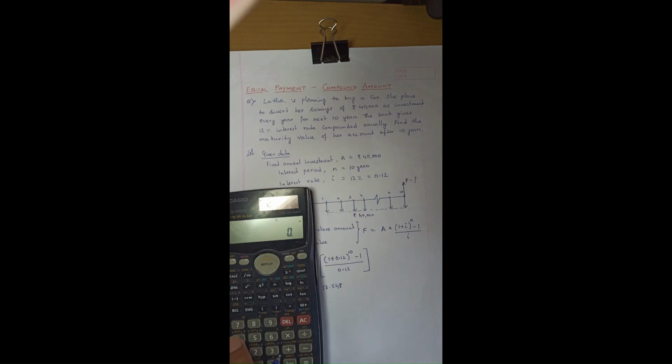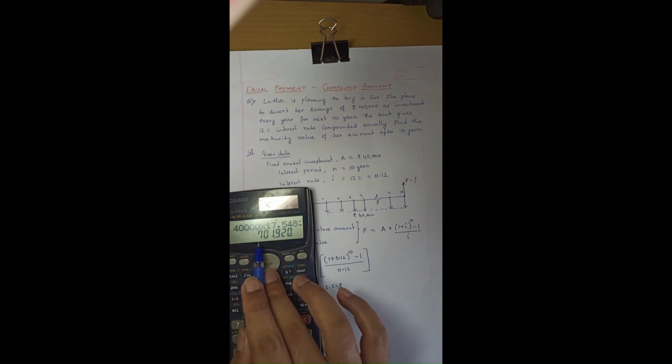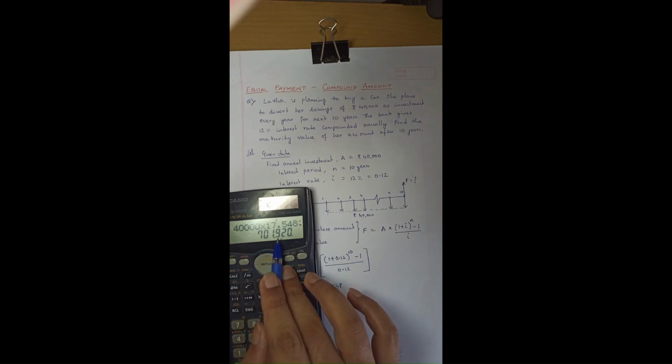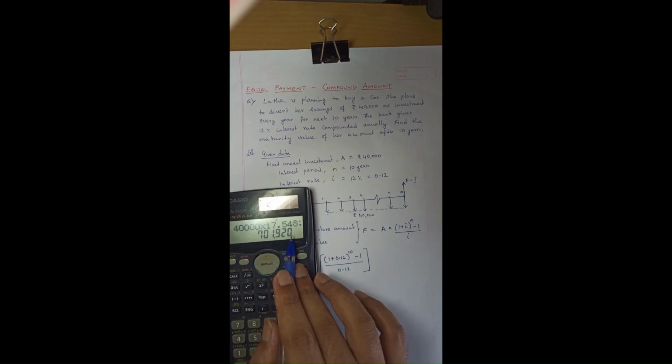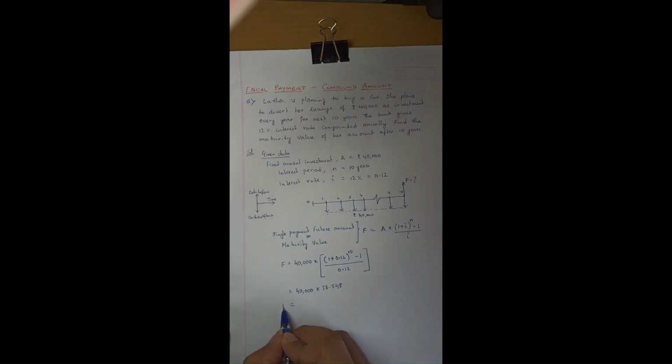Which is equal to, I'll multiply these two terms. We have 40,000 multiplied by 17.548, which is giving 7,01,920 rupees. The future value F, or the maturity value F, is equal to rupees 7,01,920 only.